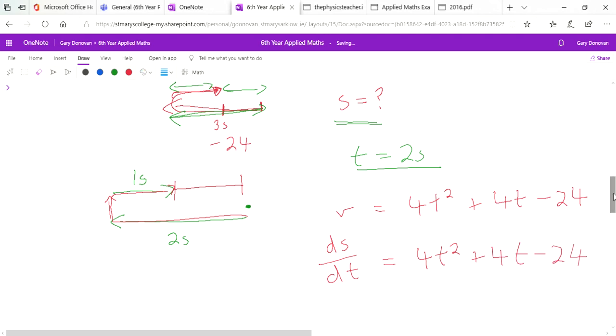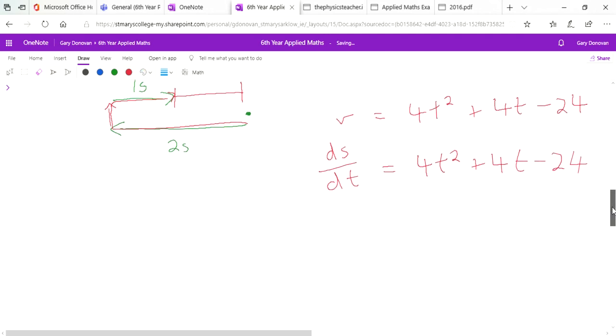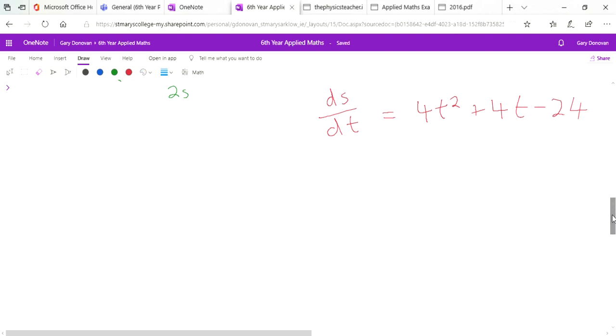We have to use the 4t squared plus 4t minus 24. We can't use the one that we divided by 4 because this is the actual equation. We just did that for factorizing. So ds is 4t squared plus 4t minus 24 dt.